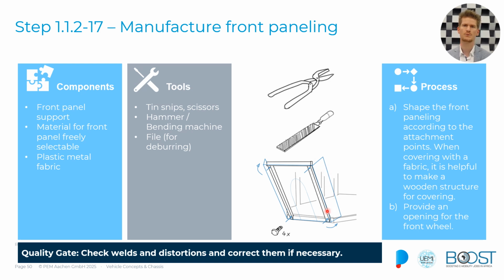And if we've done so, we can actually bolt it to this structure. Again, a quality gauge. We're going to check for welds and distortions before we do this, but I think this has been quite repetitive at this point, so you already know.